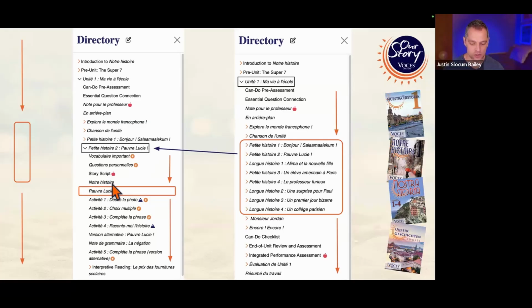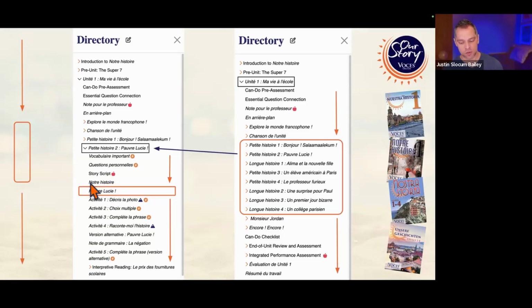So this section is called Notre histoire or Nostra historia, Unsere Geschichte, and so on. That's always between the story script and the story itself, a place where if you as a class or with students have used the story script, that would mean that you've then, as a class, orally generated a story.